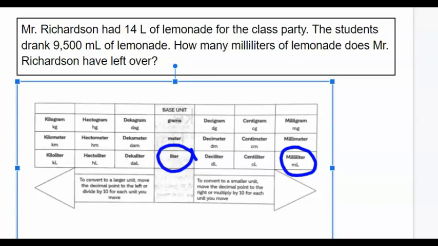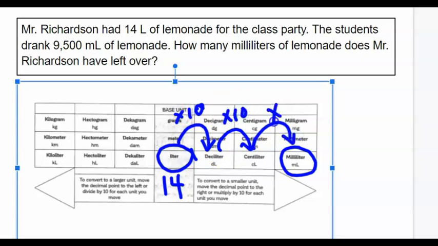So why don't we look at Mr. Richardson? And let's convert his liters to milliliters. So if he has 14 liters, how many milliliters does he have? So each time I'm going to multiply by 10. One more time to get to milliliters.